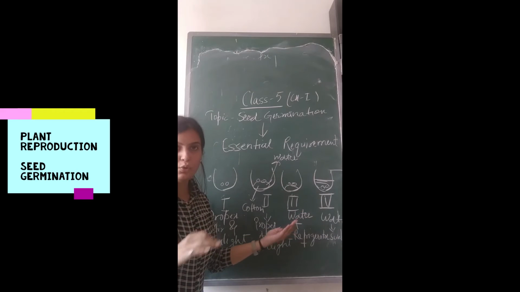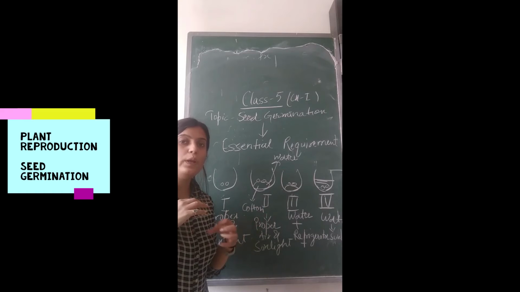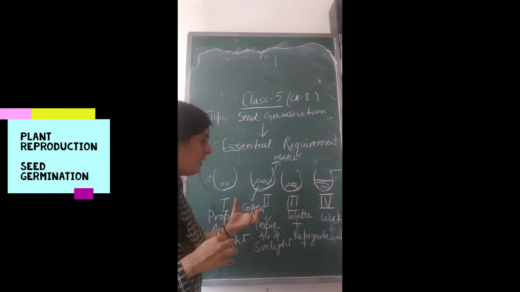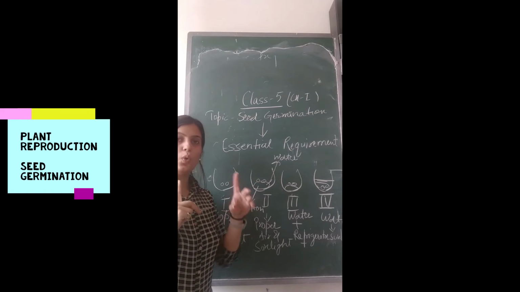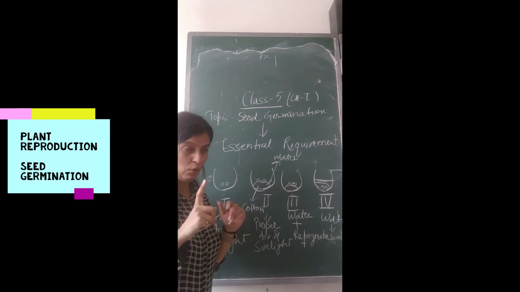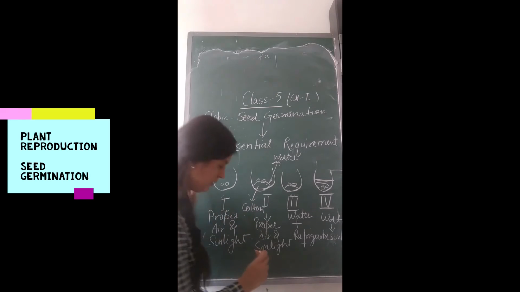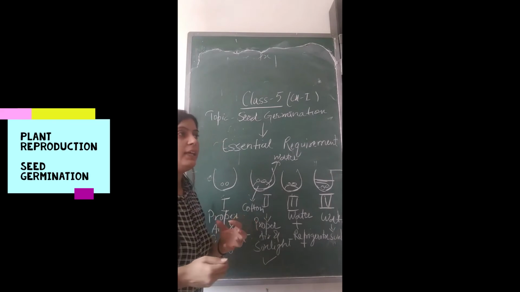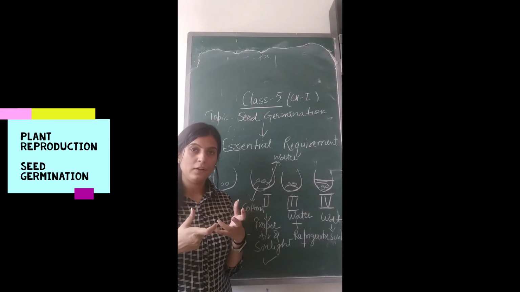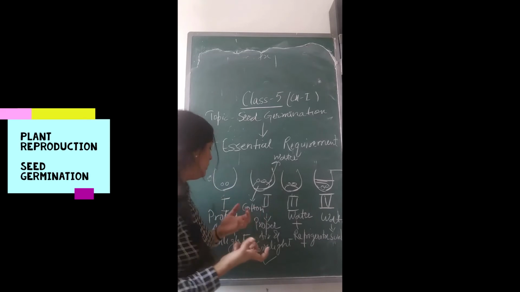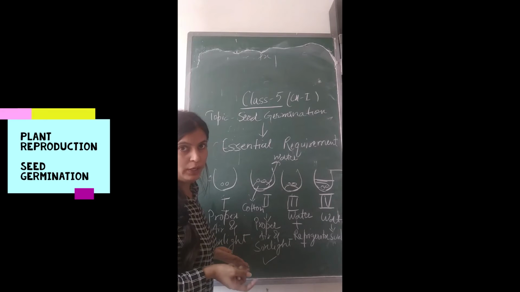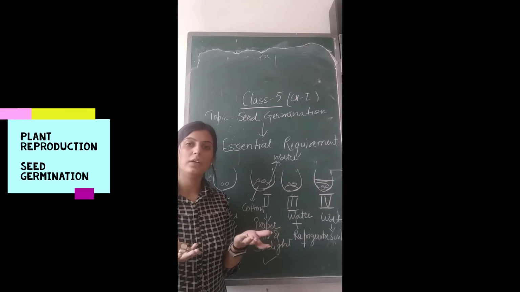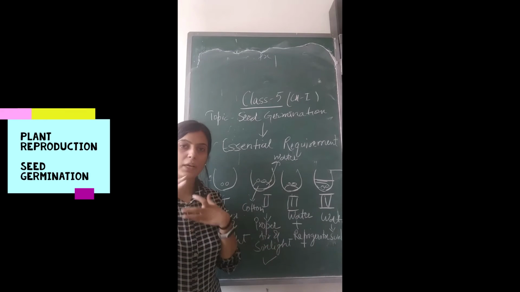After 2 or 3 days, what you will notice is that seeds will grow only in one bowl, that is your second bowl. Why did this happen? Because we have given air, water and sunlight to it. Air, water and sunlight are the proper requirements.